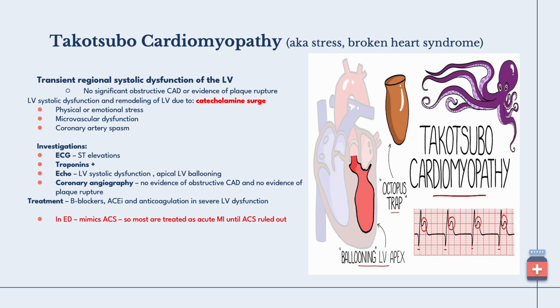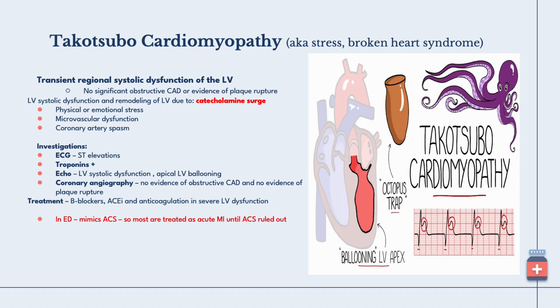Investigations, on EKG, you're going to have ST elevations. You'll have positive troponins. Echo, you'll have LV systolic dysfunction and apical left ventricle ballooning. And our coronary angiogram, again, no evidence of obstructive coronary artery disease or plaque rupture.